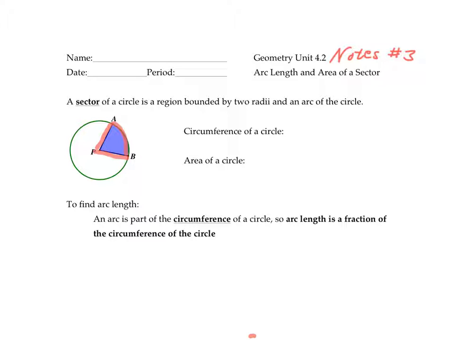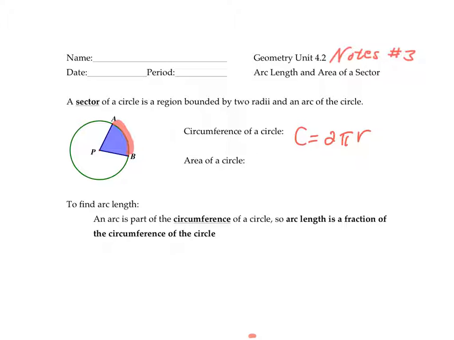Now, in order to find the length of arc AB, we have to first think about the circumference of the circle. The circumference of a circle, we know, is written as C equals 2 pi times the radius.